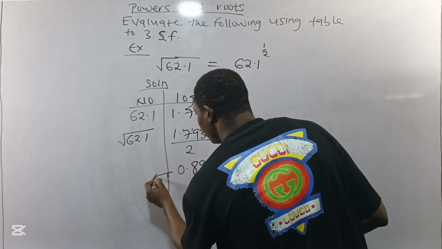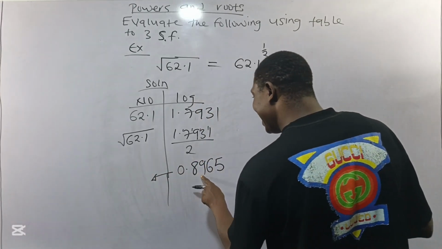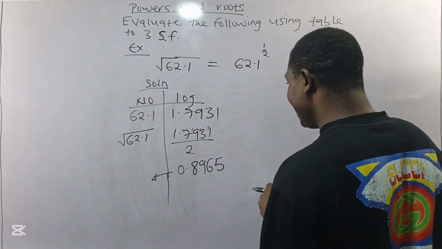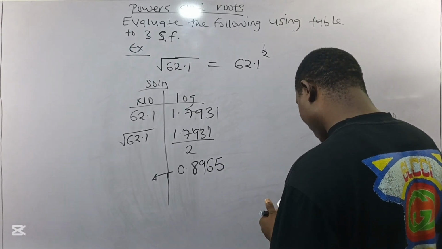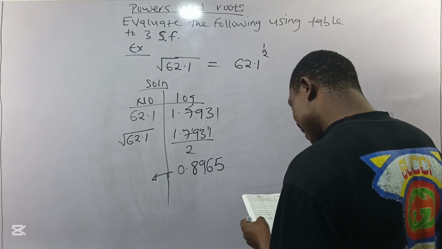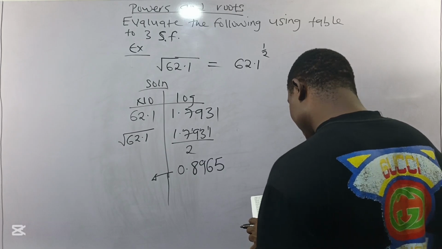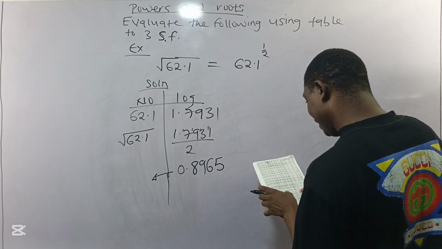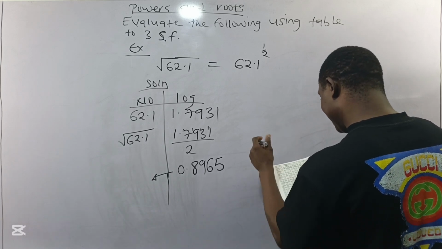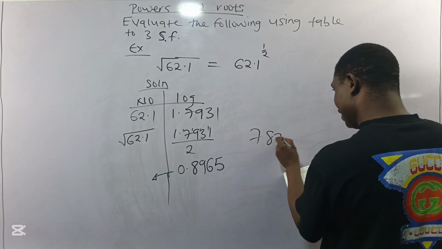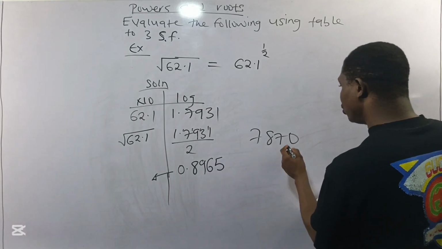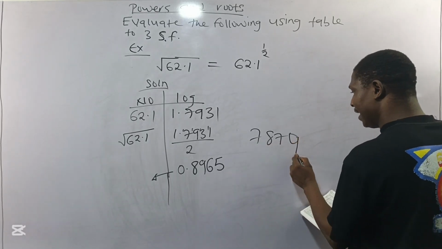So we'll now convert this to anti-logarithm. We check 89 under 6, difference 5, for anti-logarithm. 89 under 6 is 7870, and difference 5 here is 9. So it becomes 7879.